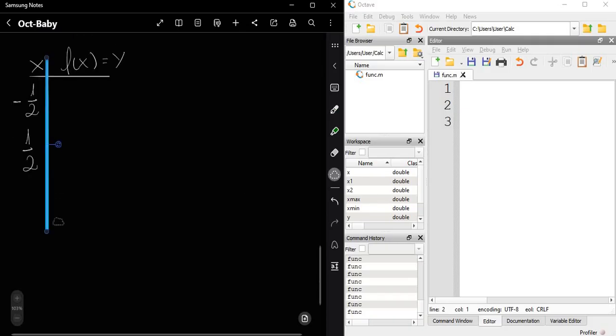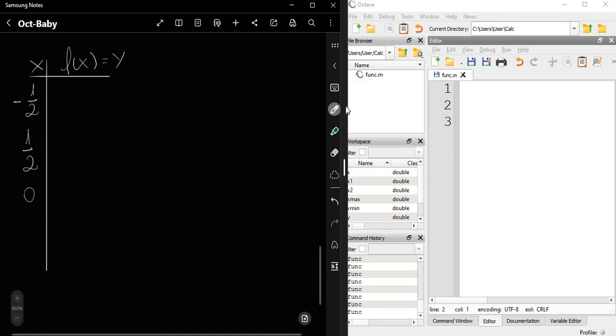You know, anything divided by 0 is undefined, but I'm covering this axis. Let's clear this.